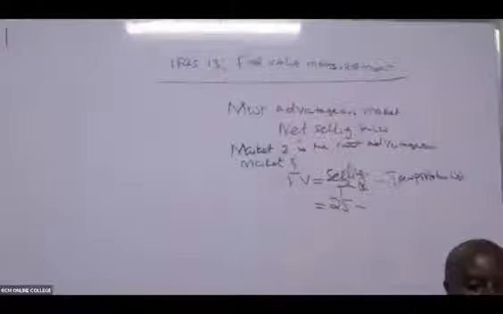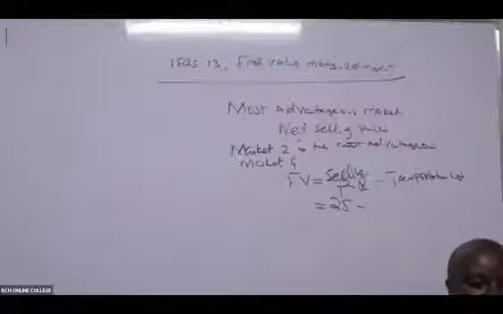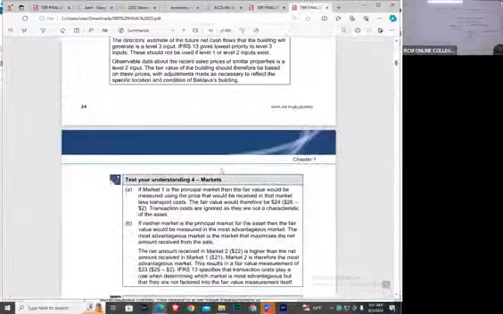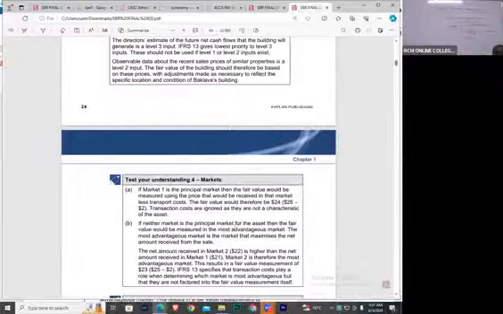And for you to be able to understand what I'm talking about, simply look at the answer. If neither market is the principal market for the asset, then the fair value will be measured in the most advantageous market. The most advantageous market is the market that maximizes the net amount received from the sale.